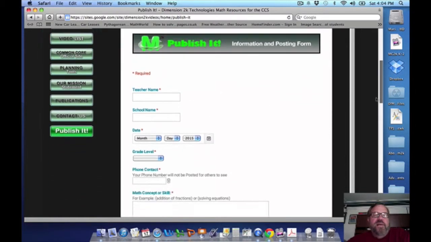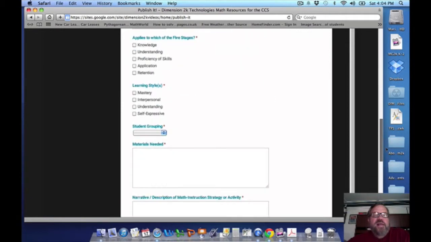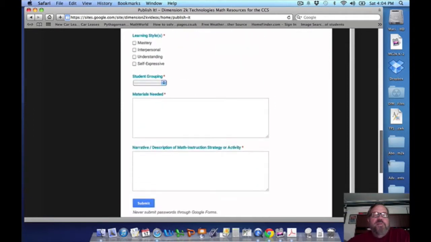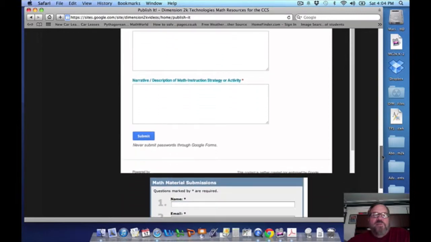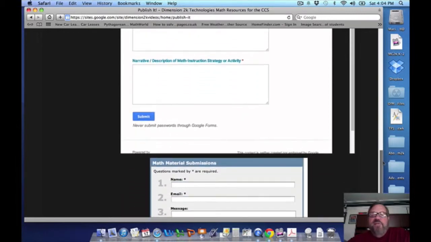So if you click on planning tools, you can read more about that. And also student grouping, materials needed, and then a narrative of how to do your activity. So you click the Submit button after you get all those fields completed, and our webmaster will go ahead and publish that on the website.